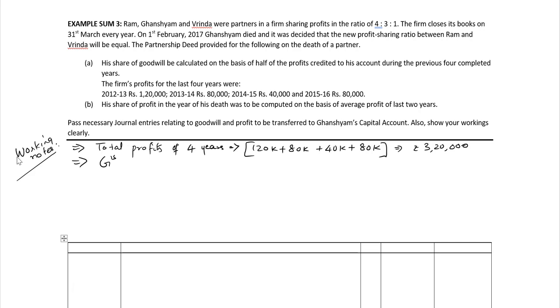Ghanshyam's share of goodwill: total profits of the last 4 years, which is 3,20,000 rupees, multiplied by Ghanshyam's share in profits, which is 3 divided by 8, and 50% of this, half of the profits, so it's 1 divided by 2. Comes to rupees 60,000.